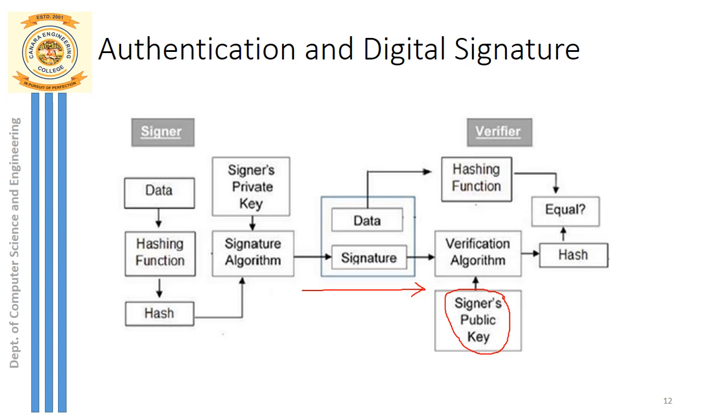So after verification, if the hash value we receive and the hash value after performing the hashing function are equal, then we can say that the sender is verified and authenticated. So this is how digital signature helps to validate the sender of the message.